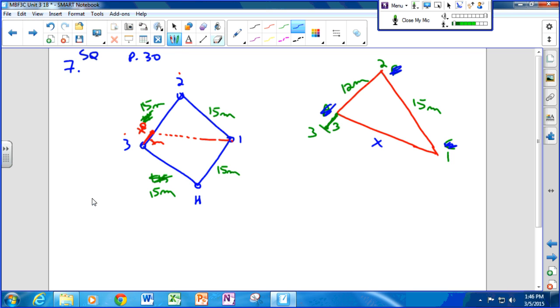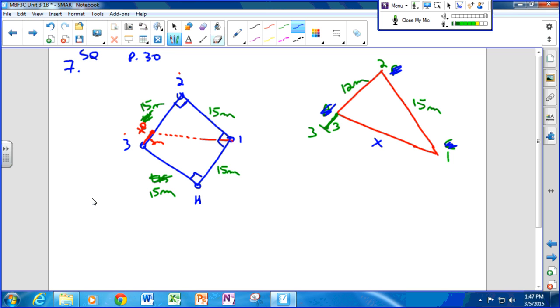Remember, this is a baseball diamond, and I'm not positive, but I think those are right angles. We might have to look that up on the internet, but I'm going to assume they're right angles. If it turns out that they aren't, then we'll be in trouble.